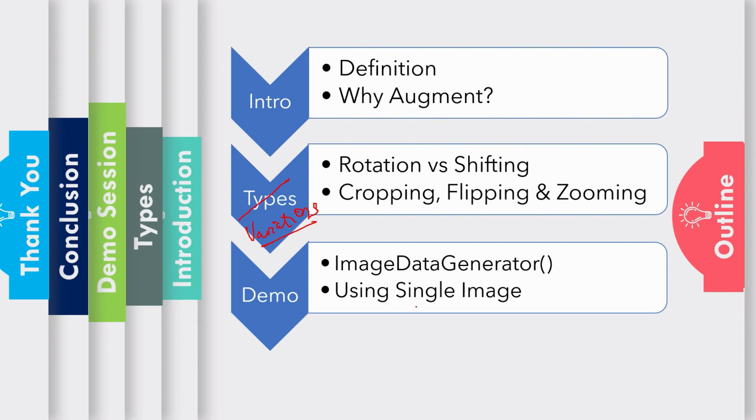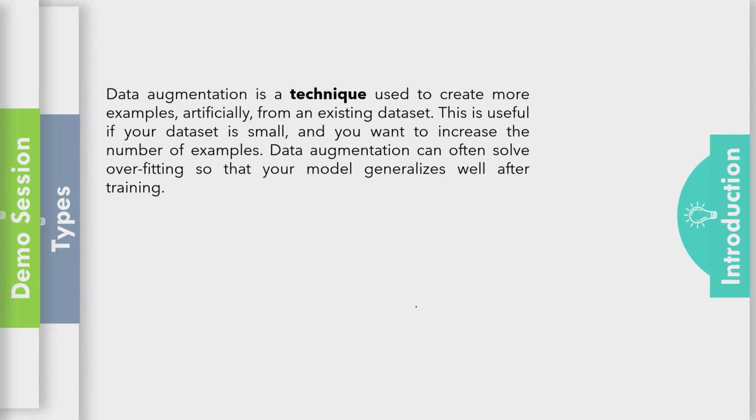Having said that, let's start by defining data augmentation. Now, to augment is an English word which means to increase the size or add to something, maybe size or quantity of anything.